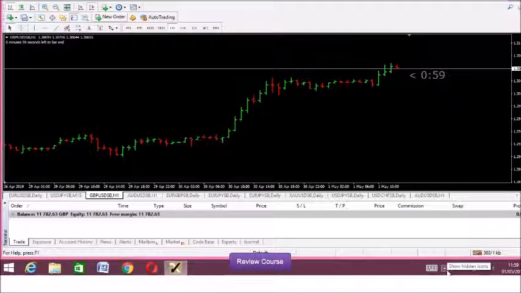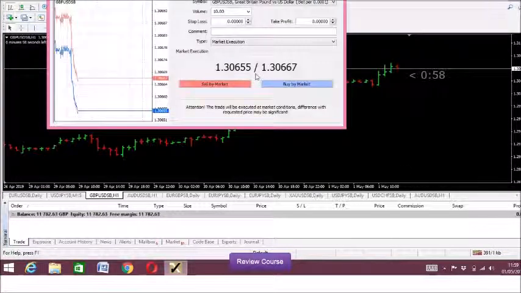So just a quick recap here again. What we've covered today is types of orders and volume and stop loss, why you should be putting stop loss, and two types of stop loss. One is an initial stop loss, one is a trailing stop loss. And second is take profit.